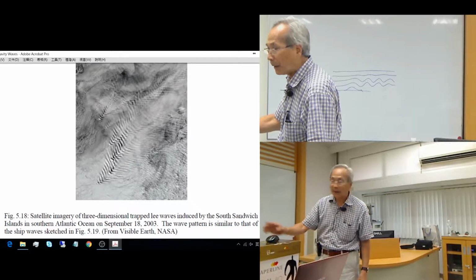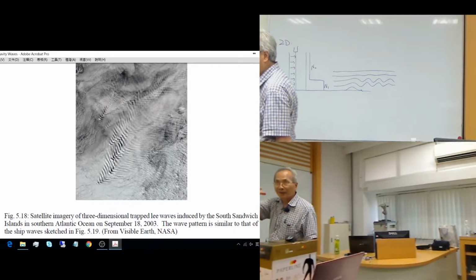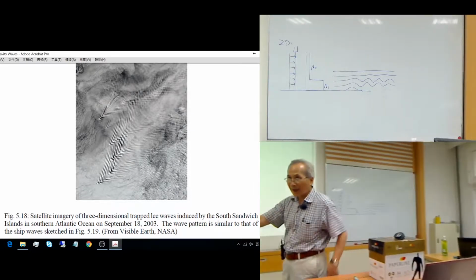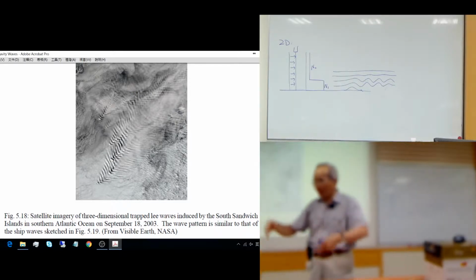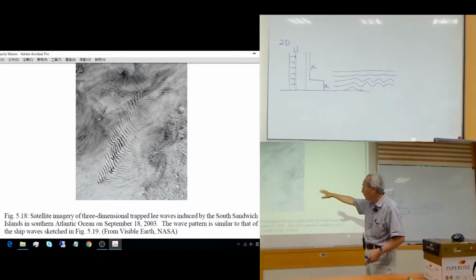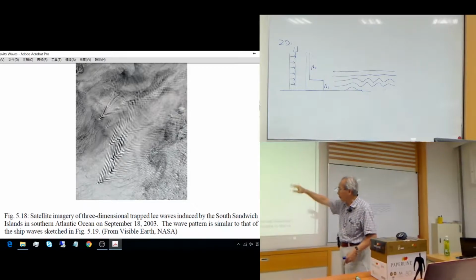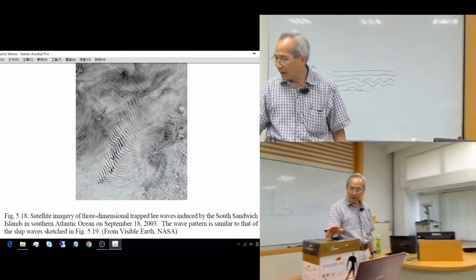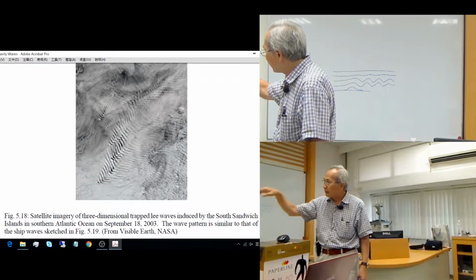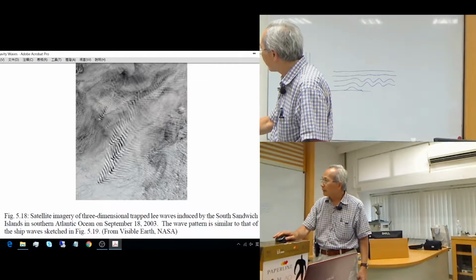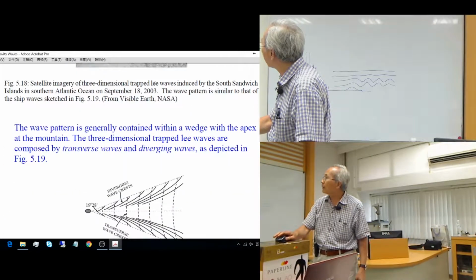But they are not ships. They are mountainous islands, and when conditions are right you can see all those kinds of waves. I need you to read the details.